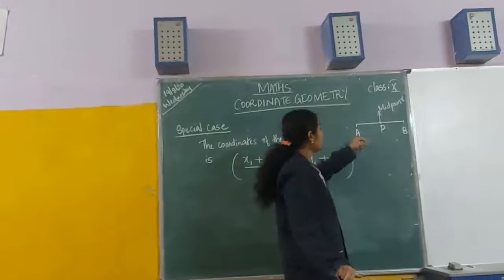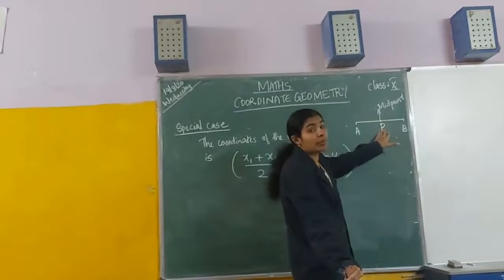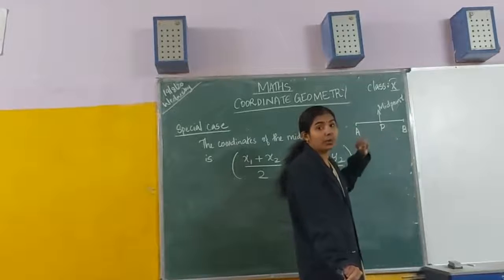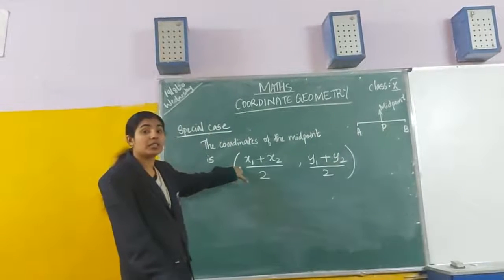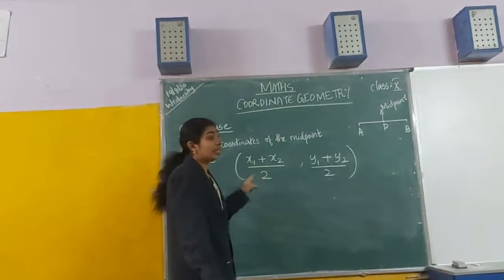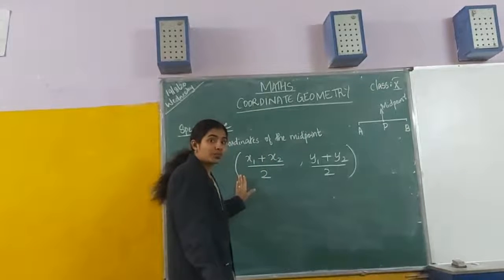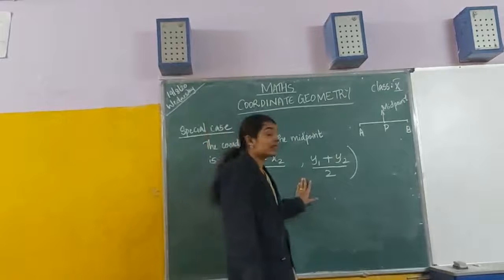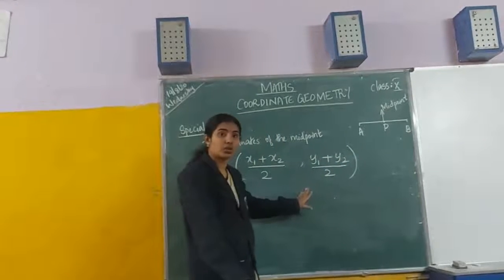You can easily find the midpoint. The x coordinate of the midpoint is x1 plus x2 divided by 2. The y coordinate of the midpoint is y1 plus y2 divided by 2.